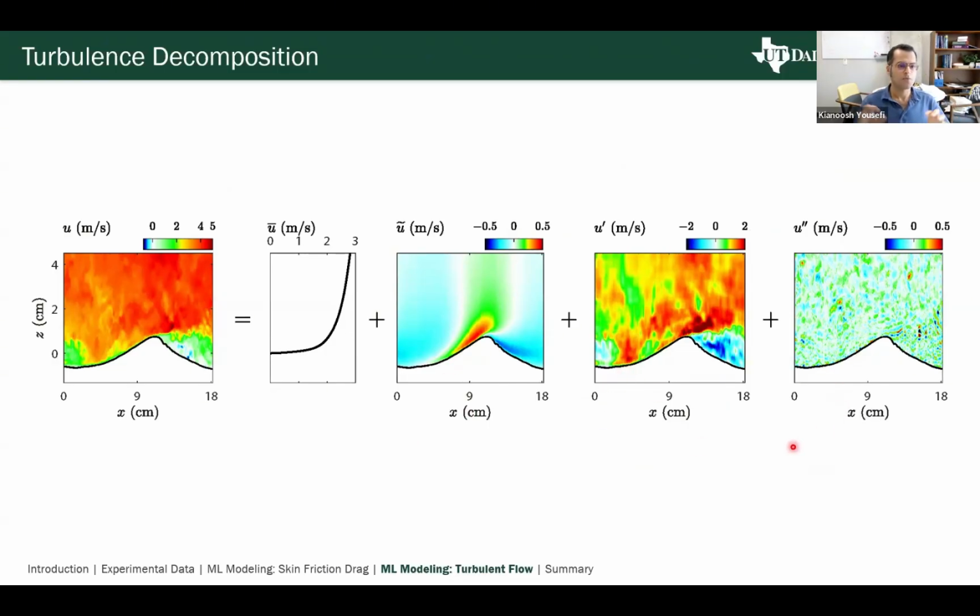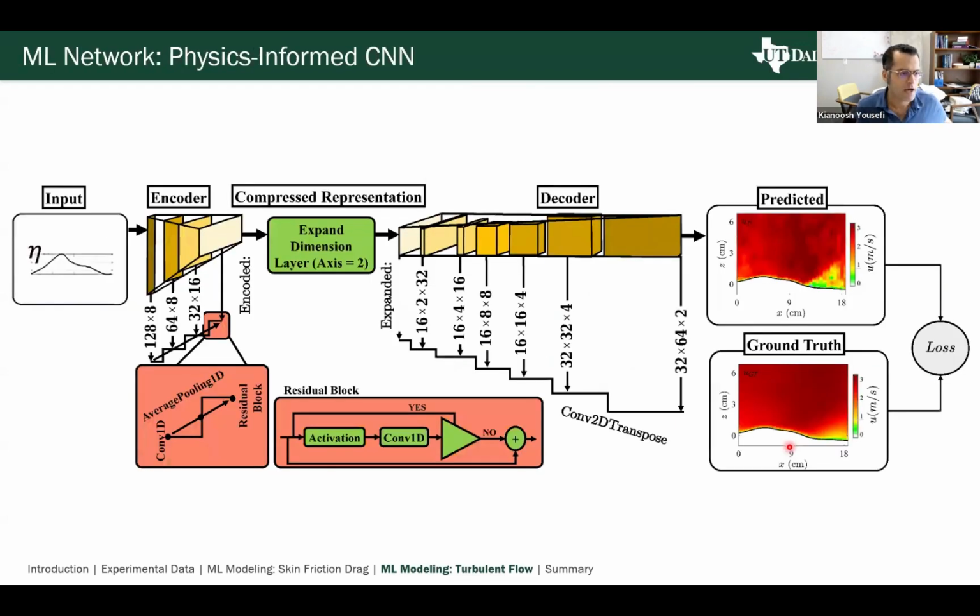And now I'm going to train each of these components separately. I'm using basically the same kind of network that I showed, with some improvements. The main thing we added is a physics-informed CNN. By that, I mean we added a physical loss function based on the Fourier spectra, and we are trying to minimize the loss not only in the data, but also in the physical quantity.